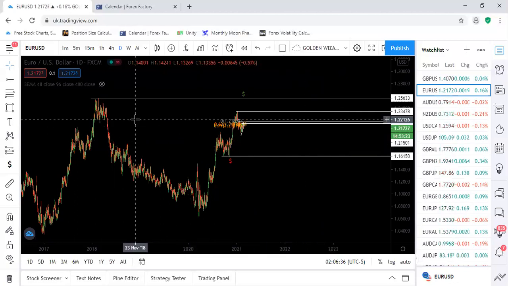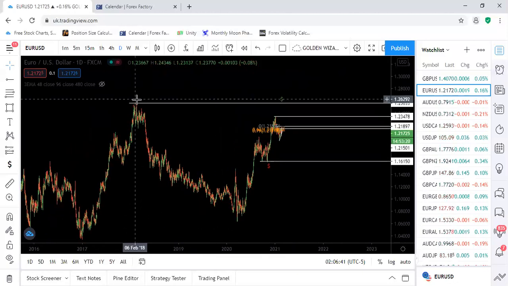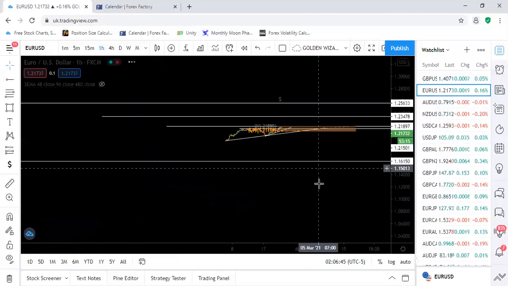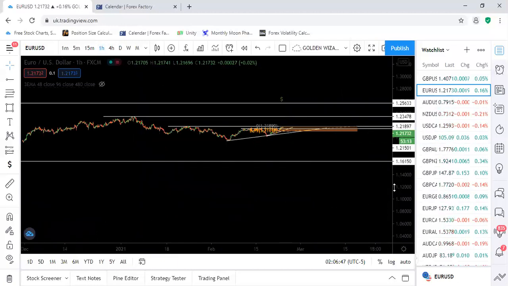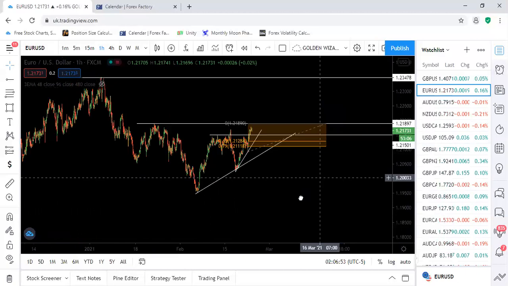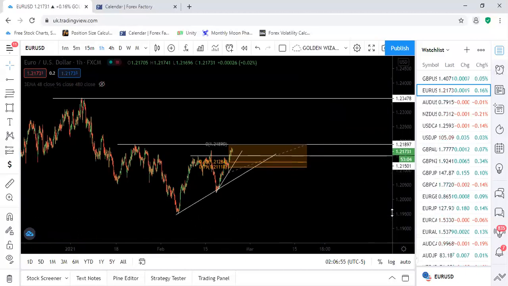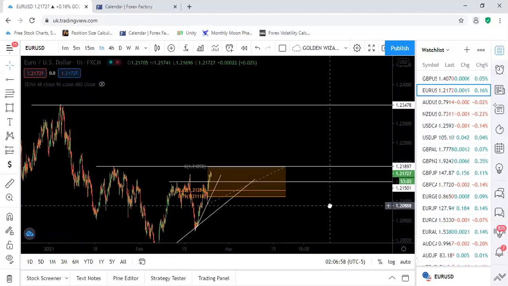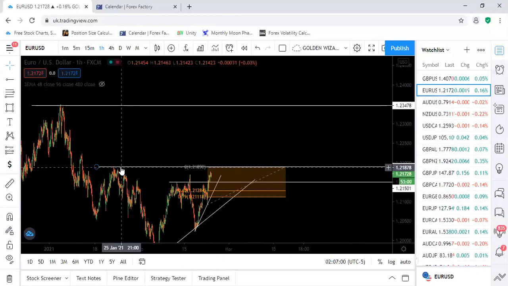So again, with the Euro USD daily chart, I see these highs. Coming down to the 1 hour chart for this week, I do see a possible buy scenario developing.